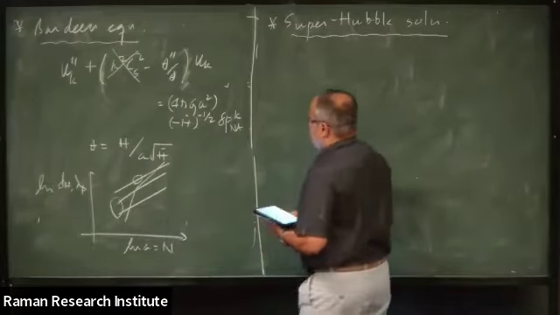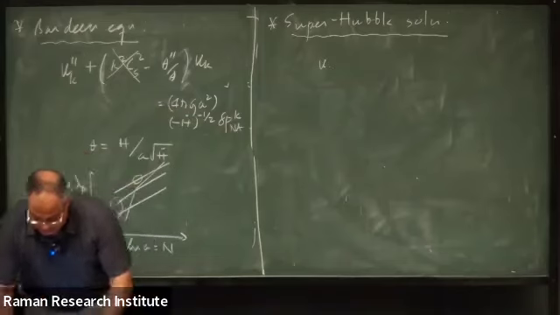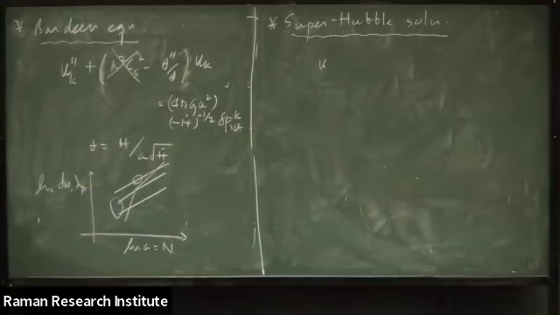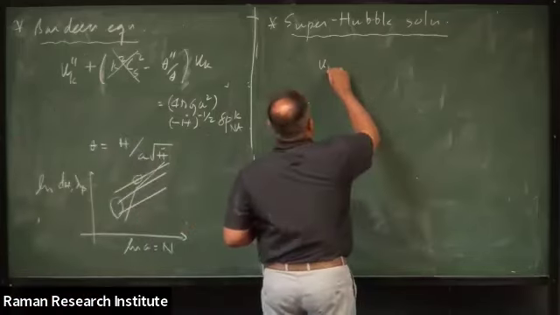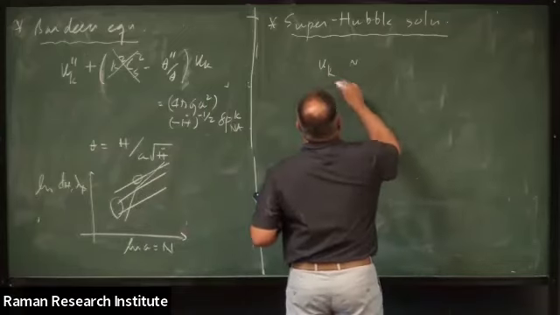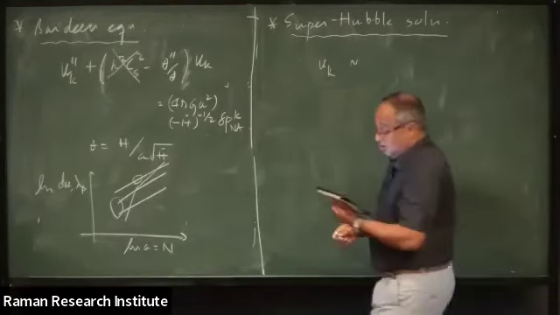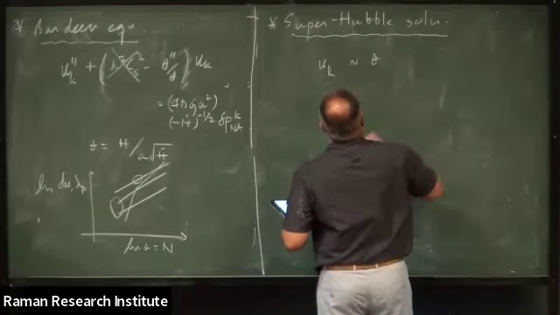And in such a situation, there are two solutions. If you ignore that term, U_K is no more dependent on K because you've thrown away the K dependence. So there is one solution. U_K is proportional to theta.